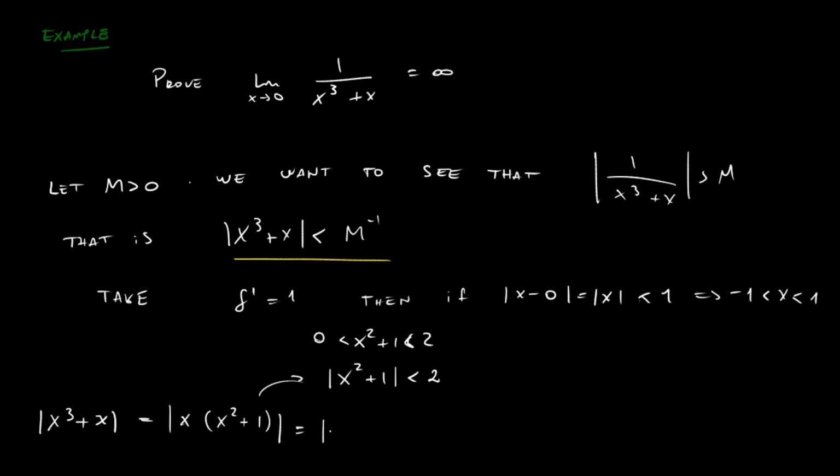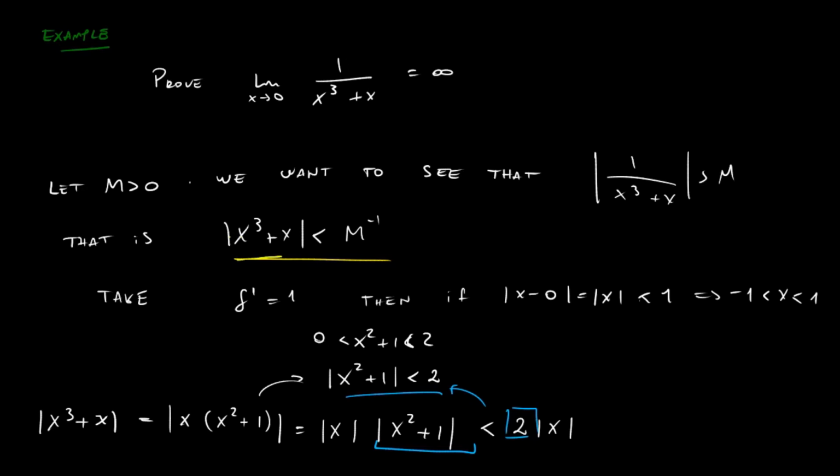So now for the absolute value of our product, we have the absolute value of x times the absolute value of x squared plus 1. Because of this bound we have here, we can bound this term and have that this is smaller than 2 times the absolute value of x. This 2 comes again from this bound.